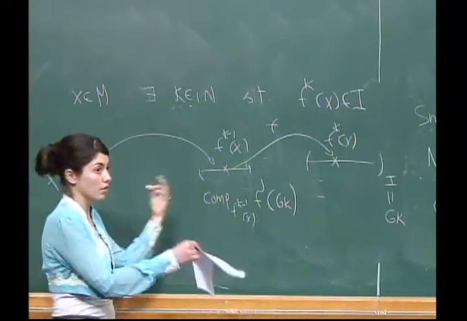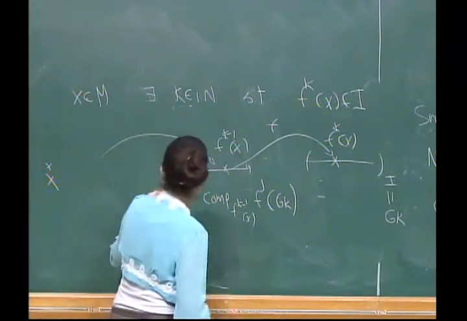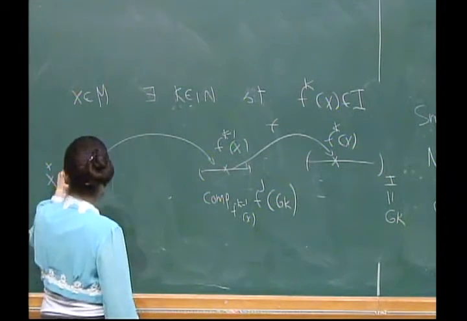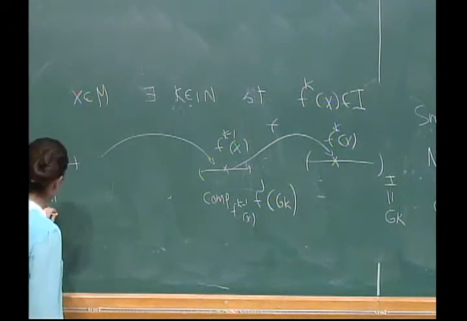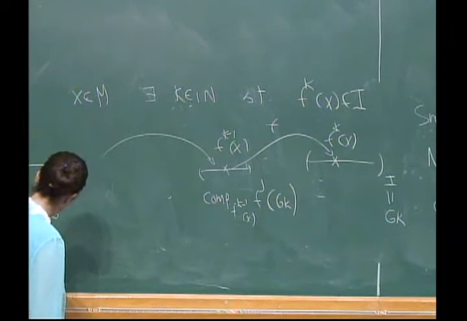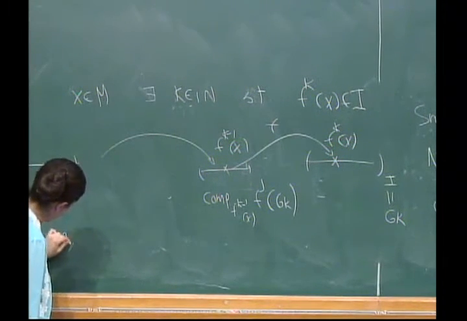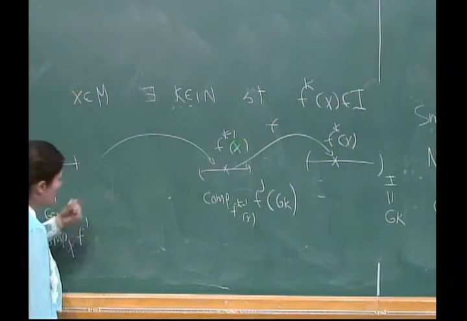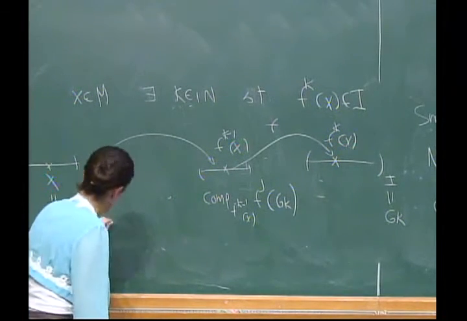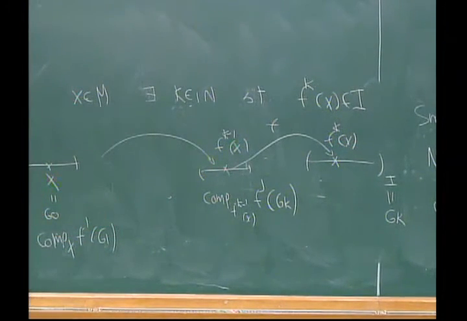Yes? And then you do it again. So now I'll get to the last one. g_0 is just the component that contains x of f^(-1) of the previous one, which is g_1.